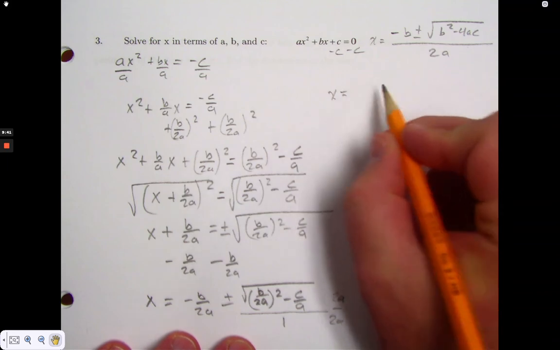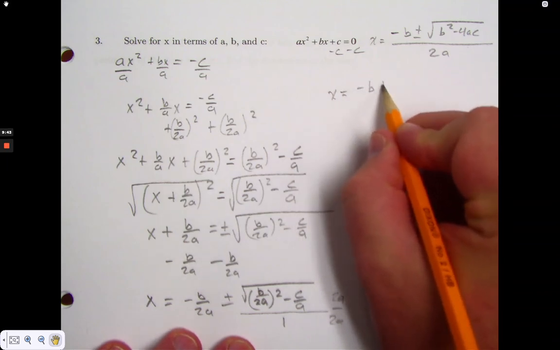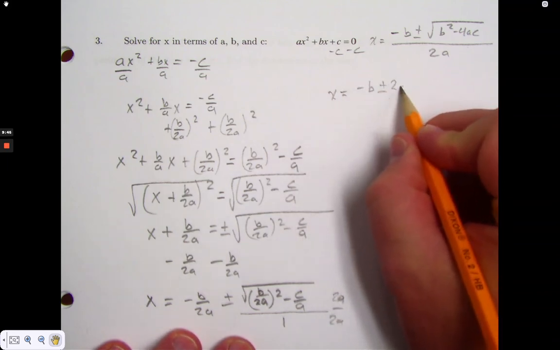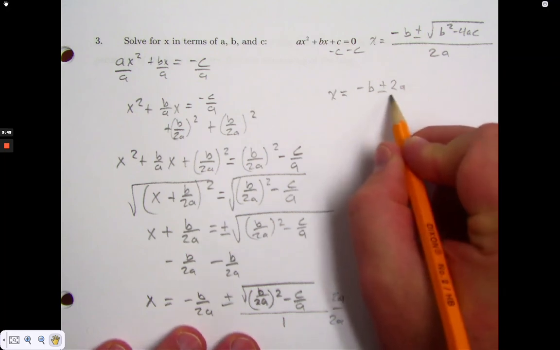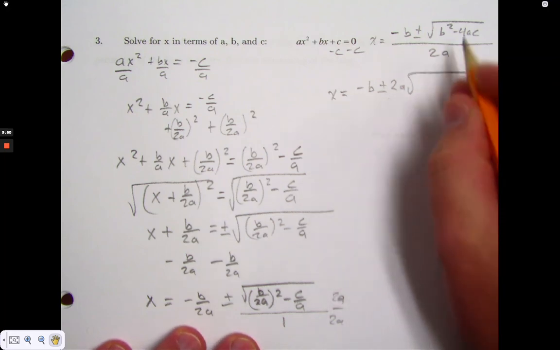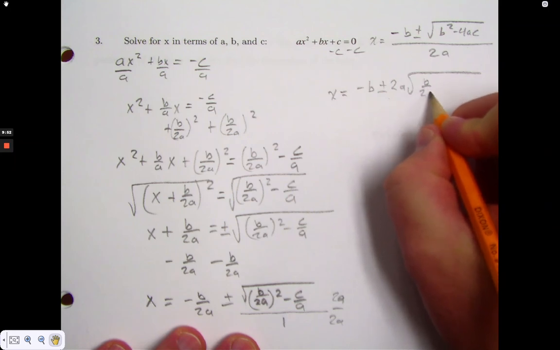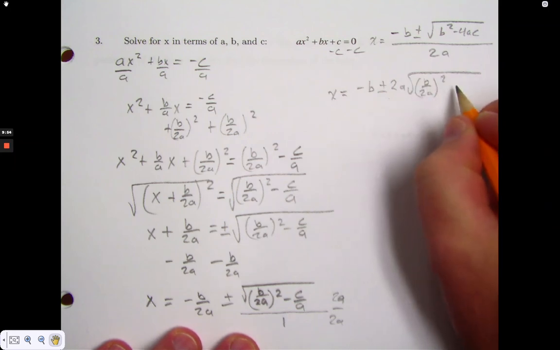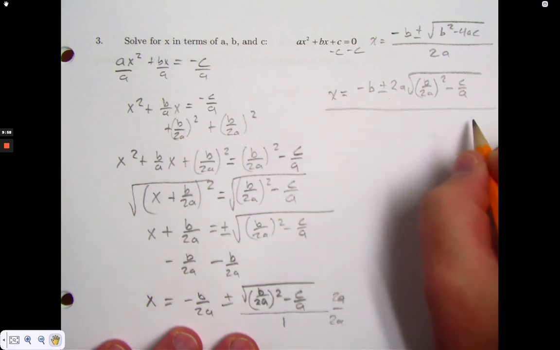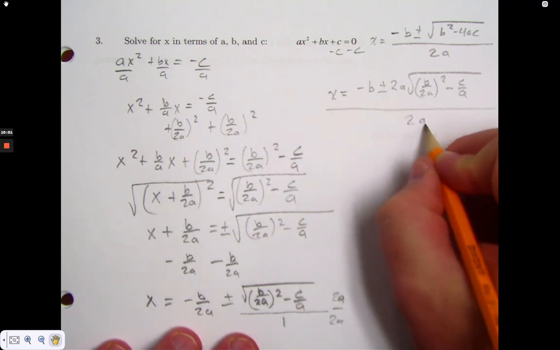So that gives me x equals negative b plus or minus 2a times that square root of b over 2a squared minus c over a, all divided by 2a.